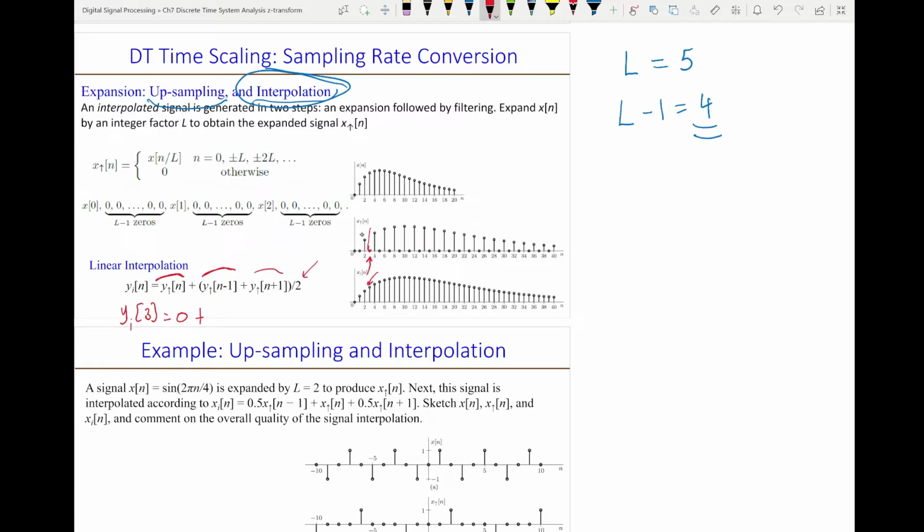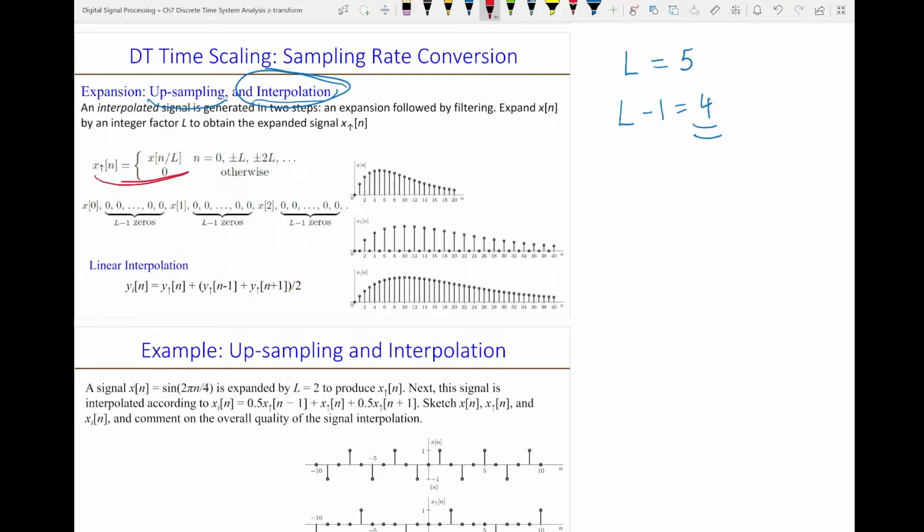That means I take this one here, and I add to it this value. Then I divide by 2. So I'm averaging these two values here. And that will give me this value.